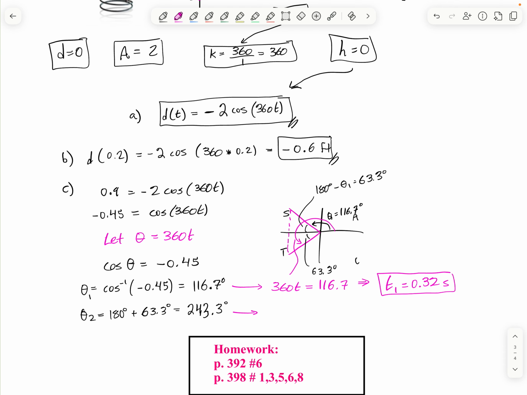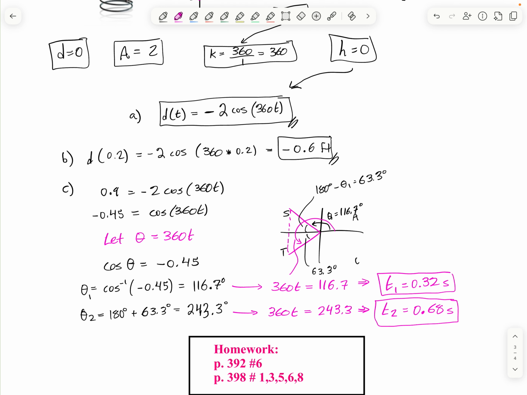And then 360t is equal to 243.3. Divide both sides by 360, so 243.3 divided by 360 gives us t2, or another time, equal to 0.68 seconds.